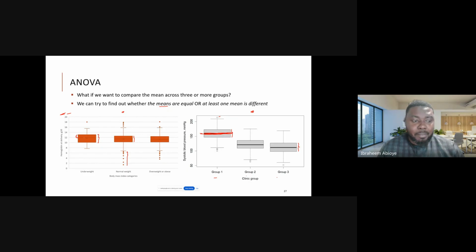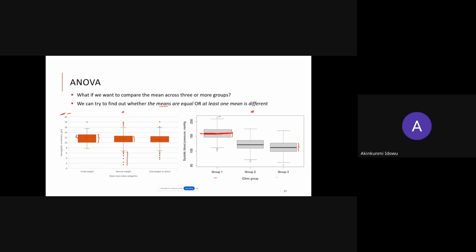How about the skewness? The skewness of which groups? They look normally distributed, because the outliers are not so many, and looking at the mean, they are both in the middle.